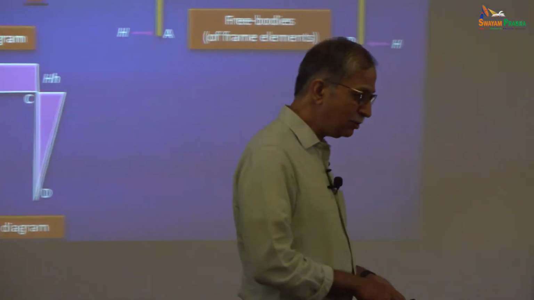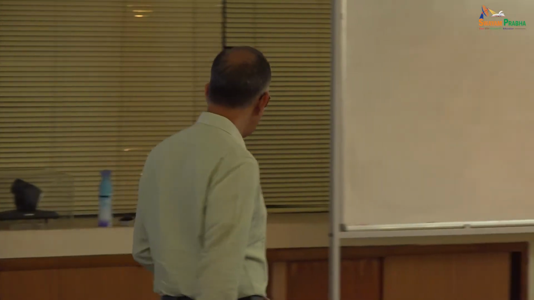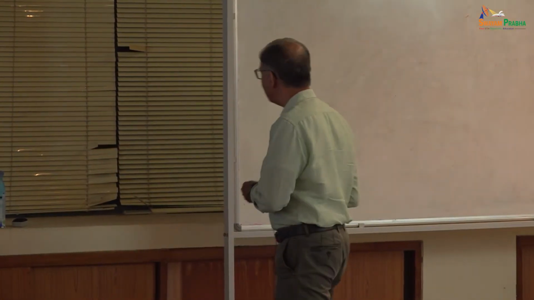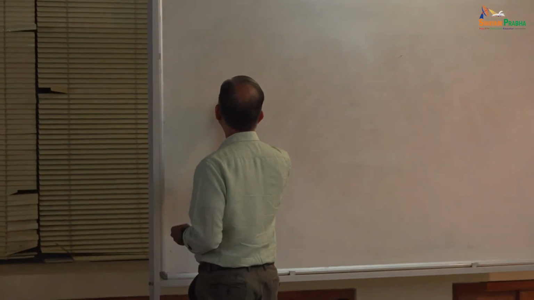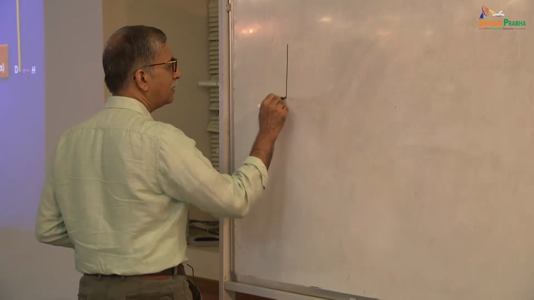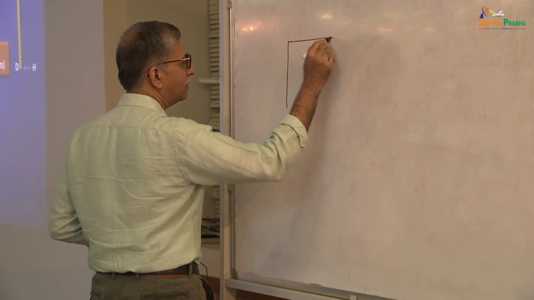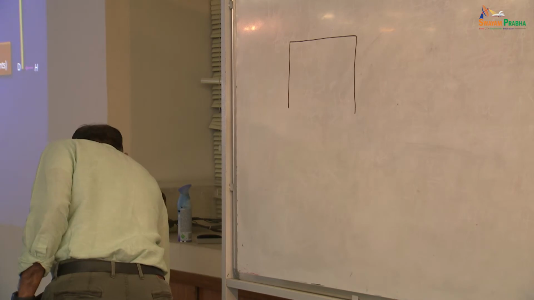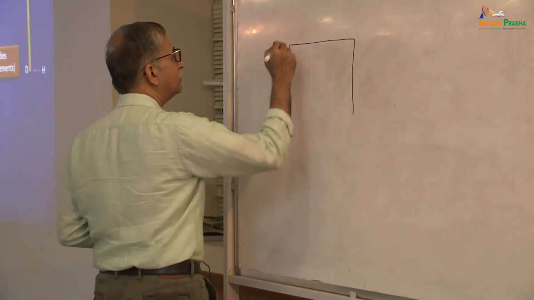Now I have seen students draw this differently, and I want you to know that these are the mistakes we generally tend to make. Let's say a student draws it like this.